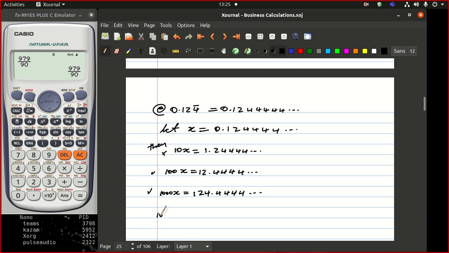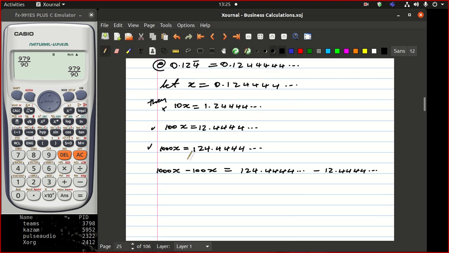So we can just say 1000x minus 100x must be equal to, I take this number as it is, 124.4444, have some dots, and then you subtract 12 point 444, and then you have all the nice things that are happening there.